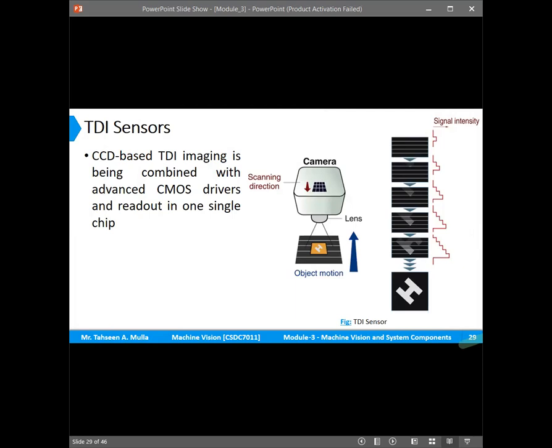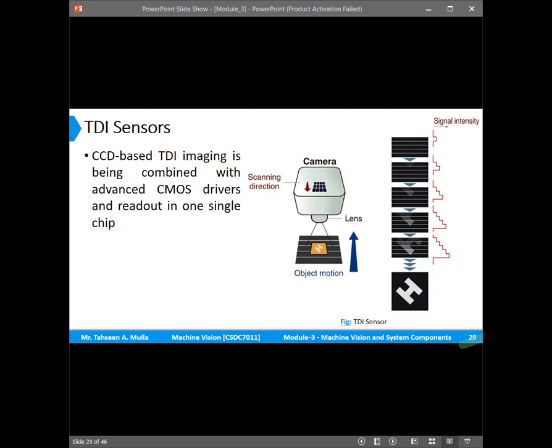Now, this is how it actually works. This is a CCD based TDI imaging. Right? We are going to use CCD here in TDI, which is being combined with advanced CMOS. As I told you, instead of having CCD and CMOS separately, we can use both technologies together to achieve high quality and consume less power, right?